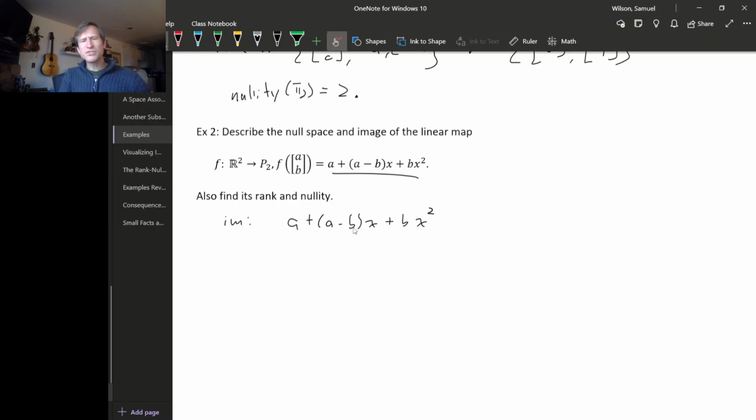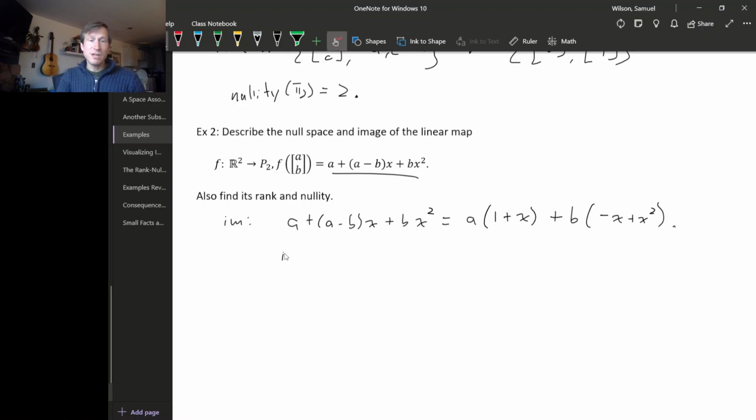To find a basis for this, we have to write this as the span of linearly independent vectors, that is to say, linearly independent polynomials. For polynomial spaces, we know how to do that. We can group up terms that have a and group up terms that have b. If we multiply this out and then group terms that have a, we get a times (1 plus x). Then if we group up terms that have b, we get b times (minus x plus x squared).